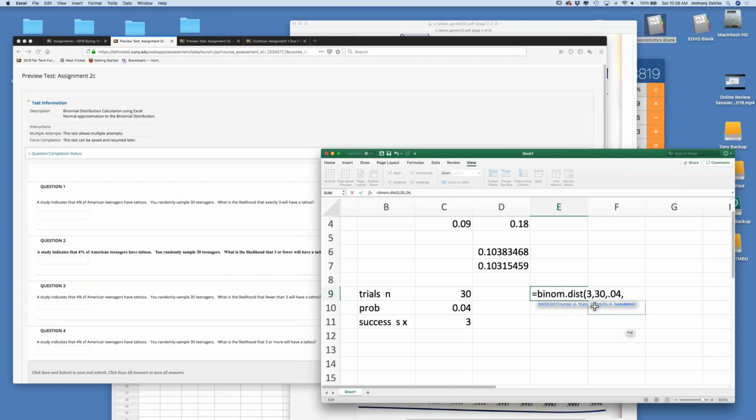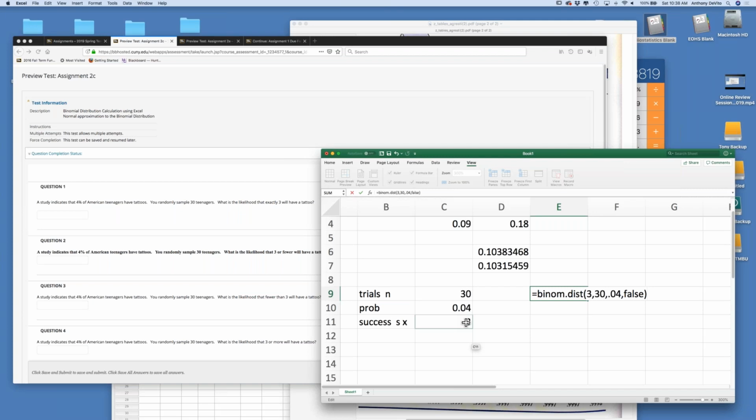In this case, I'm going to say false. The reason is that we want to know the probability of exactly 3 people having a tattoo. Not 2, not 1, but exactly 3 out of 30. Now, this is different than the normal distribution we looked at, where it was just a straight line. This is actually a probability.